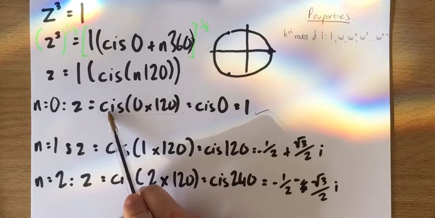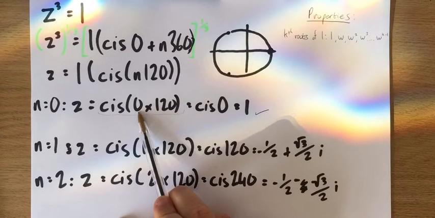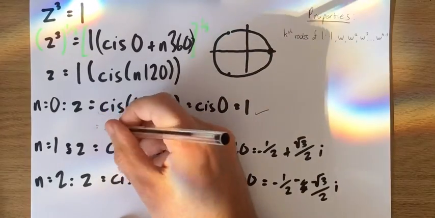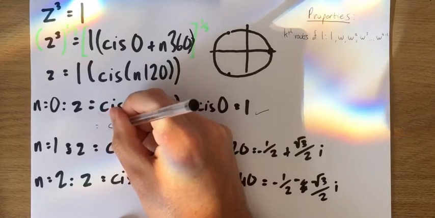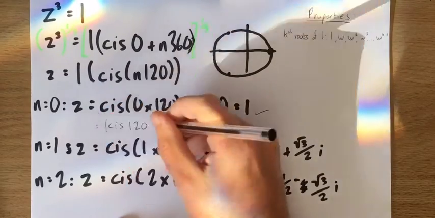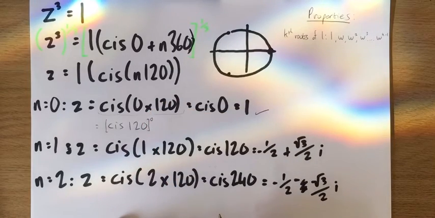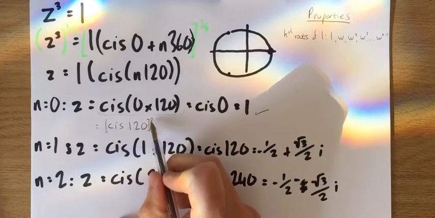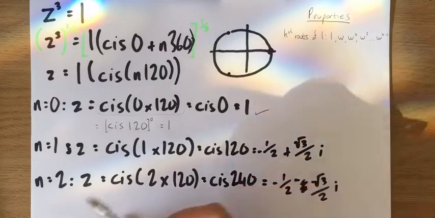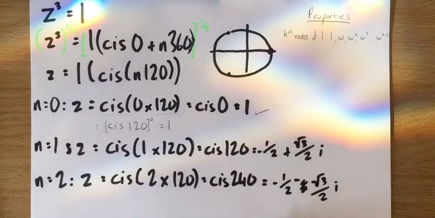The cis of 120 degrees multiplied by 0, I can move that 0 up into the power. So I get the cis of 120 to the power of 0, and anything to the power of 0 is equal to 1. That's why you'll always get 1 as that first root.